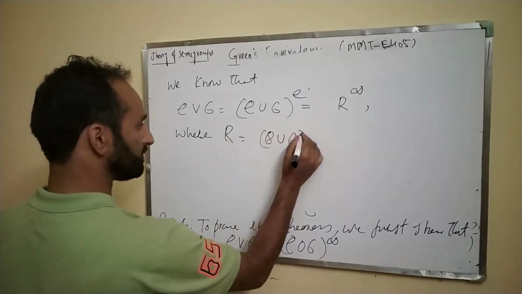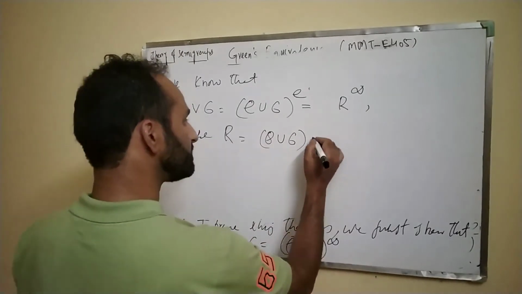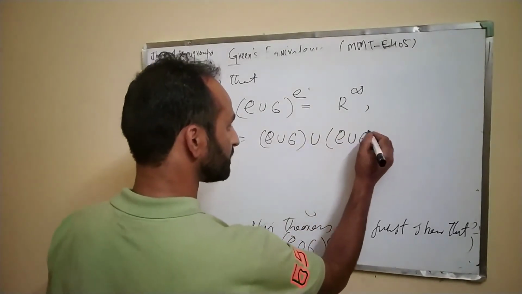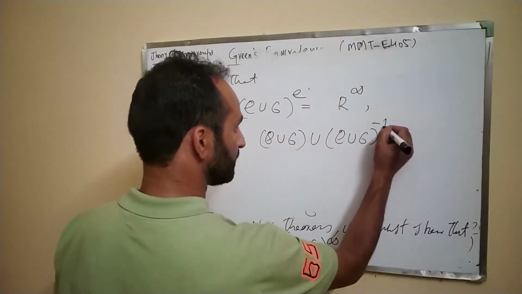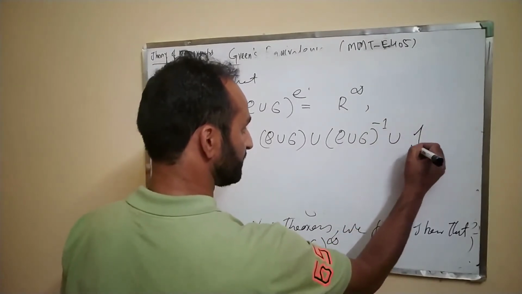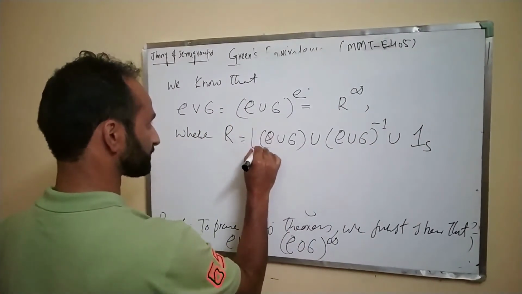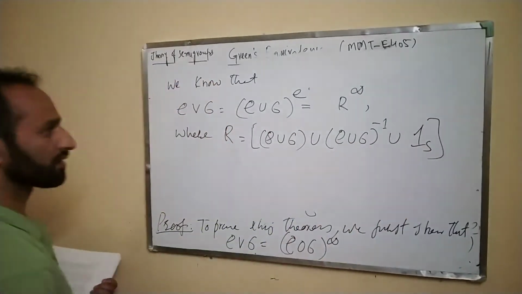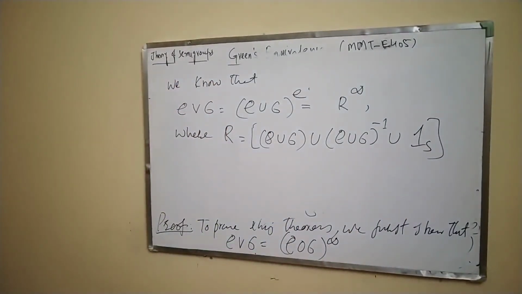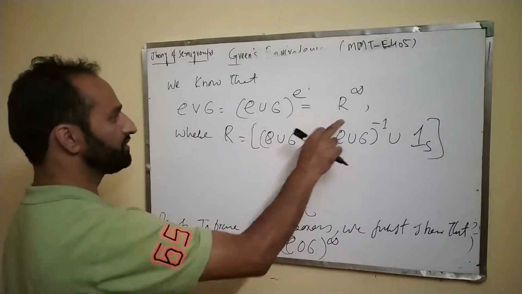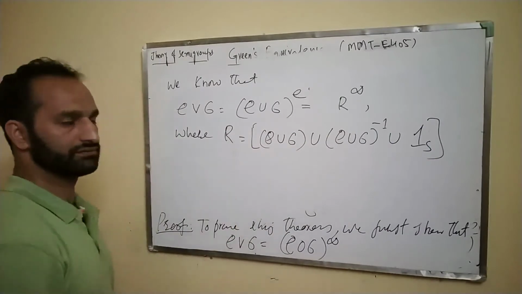union sigma union its inverse union identity on S. Okay, this is already done. This is actually R infinity, where R is equal to this.